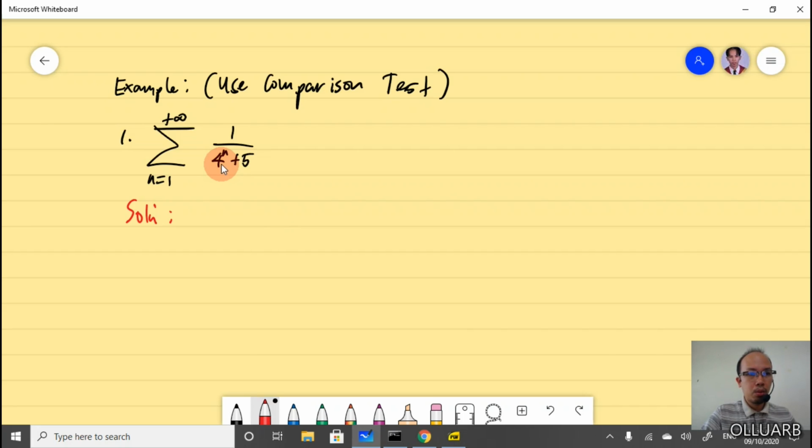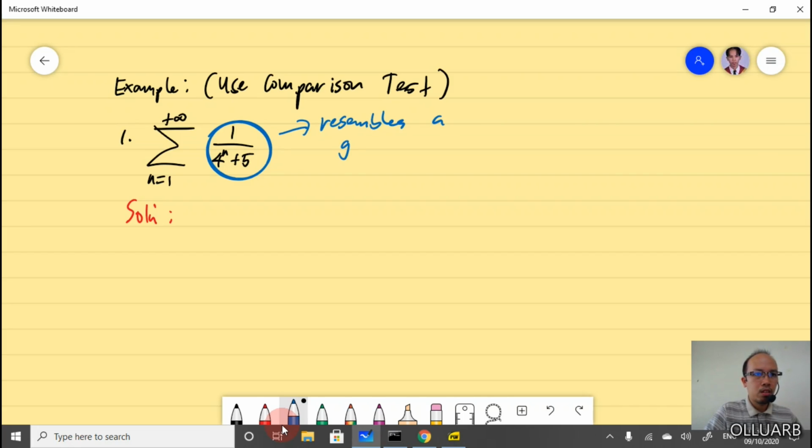All you have to do is to test the series using the comparison test to see if that series is convergent or not. This example resembles a geometric series.